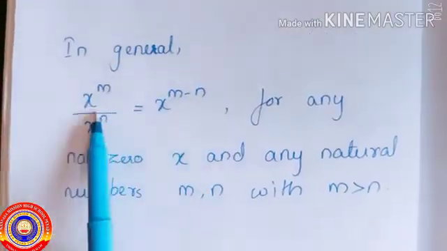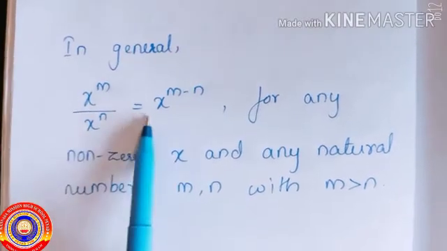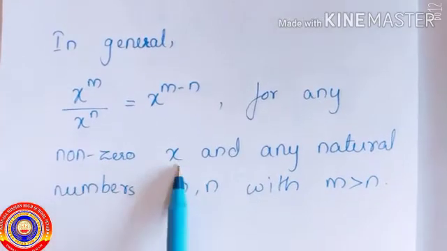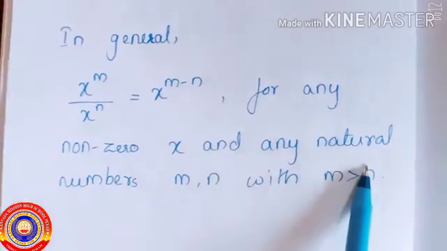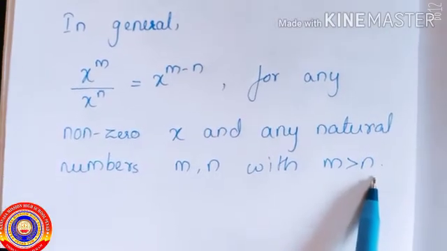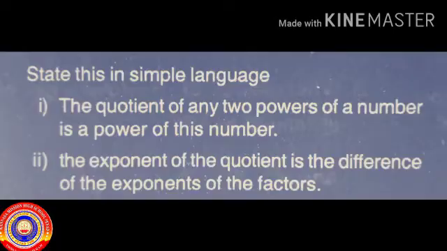In general, x raised to m by x raised to n is equal to x raised to m minus n for any non-zero x and any natural numbers m and n with m greater than n. In simple language, the quotient of any two powers of a number is a power of this number, and the exponent of the quotient is the difference of the exponents of the factors.